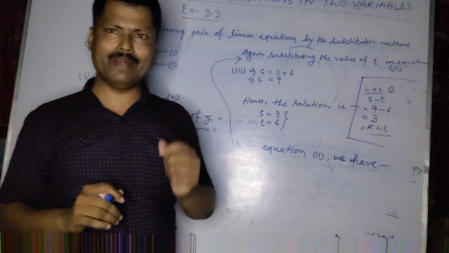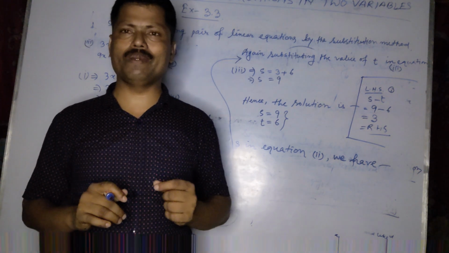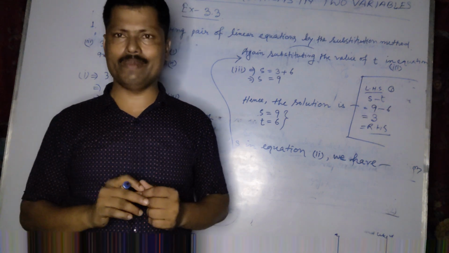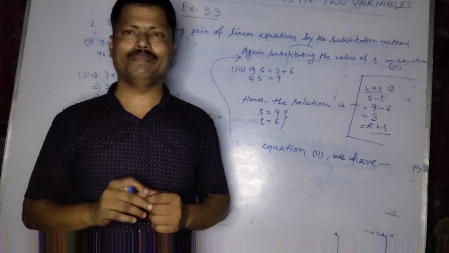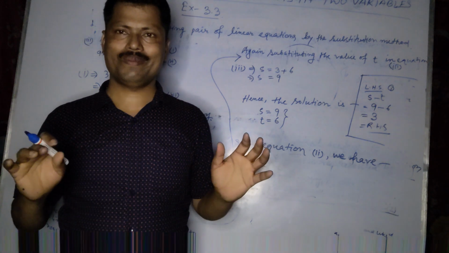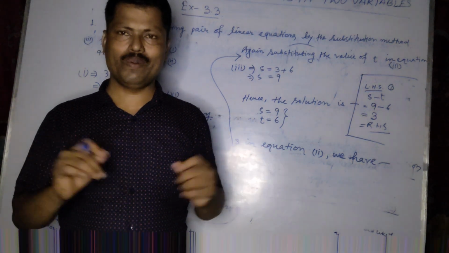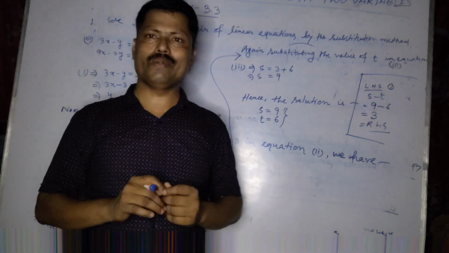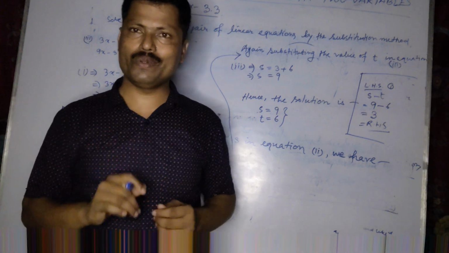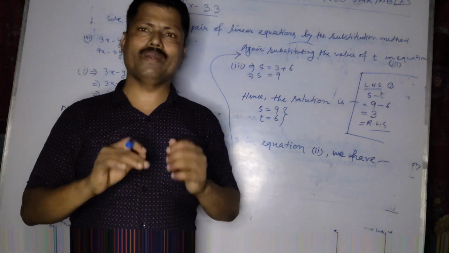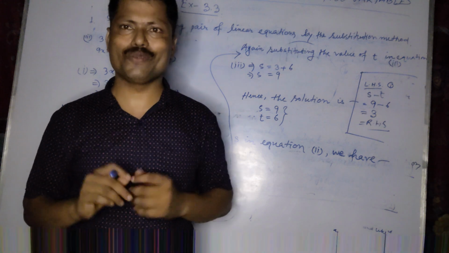If a1 by a2 is equal to b1 by b2 not equal to c1 by c2, there is no solution.